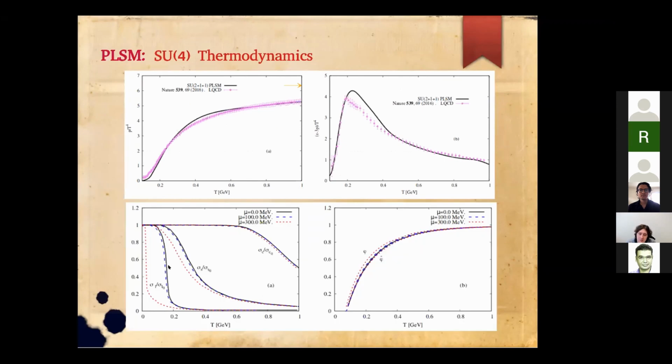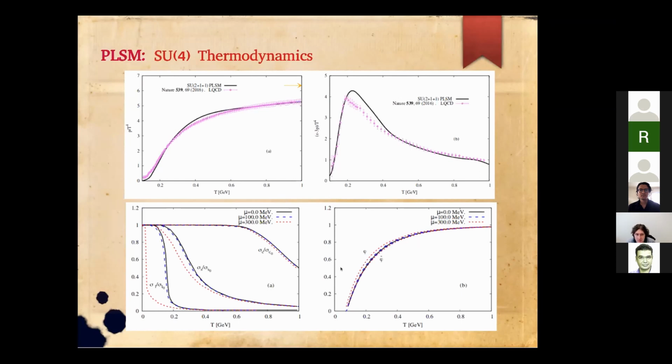I can also show you the different condensates, sigma light, sigma S and sigma charm, and how they vary with finite temperature and also finite chemical potential.